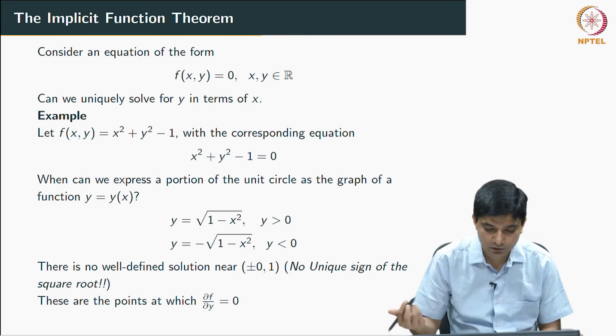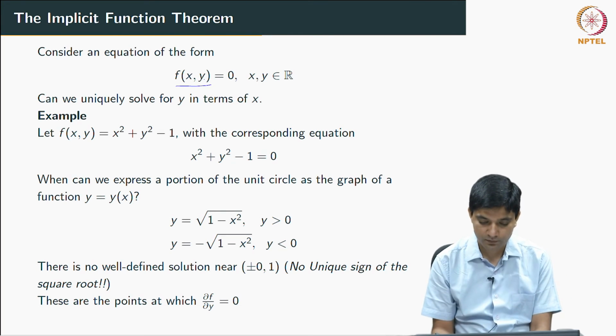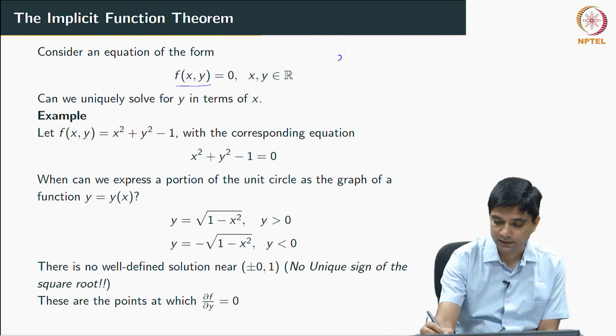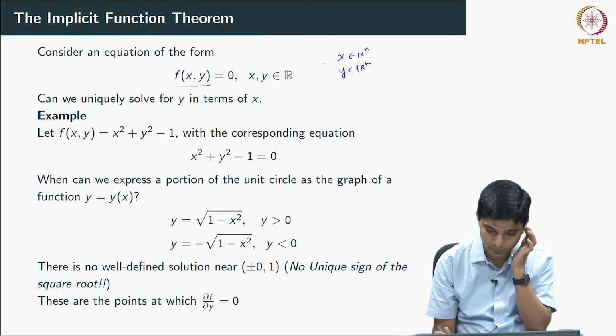There are more general notions of this, but we will stick to functions f(x, y) = 0, where x and y both belong to R. In general, x can belong to R n, y can belong to R m, and so on, and f can lie in R m. So, here I am just talking of a very simple function.